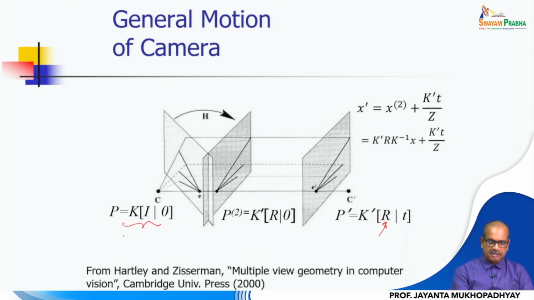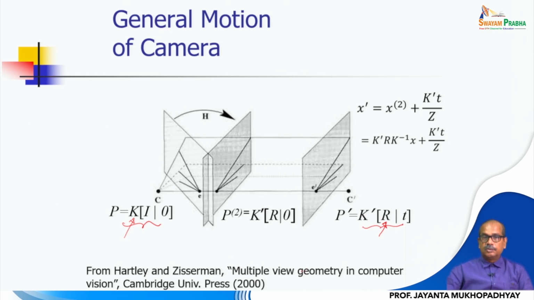That means you have the calibration matrix. It denotes the uncalibrated camera where the center is at the origin, and the other camera is given also in a very generic form, where you have the respective parameters, rotation and translation, and the calibration matrix.